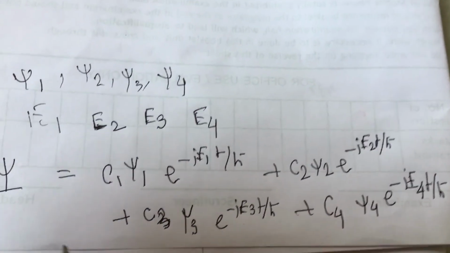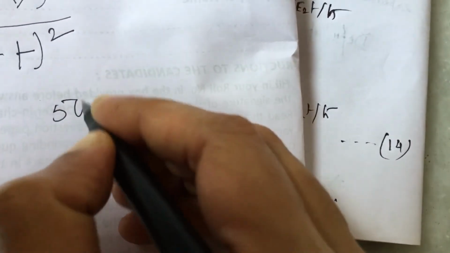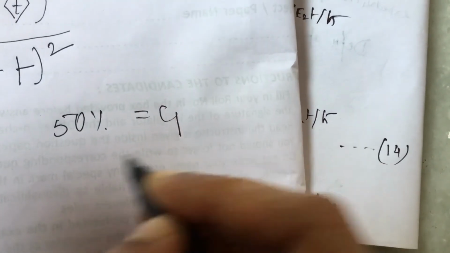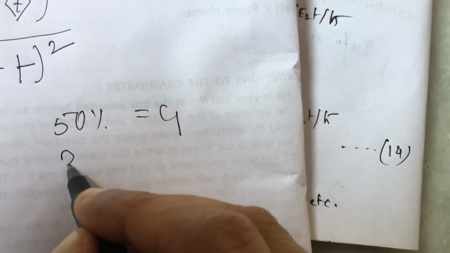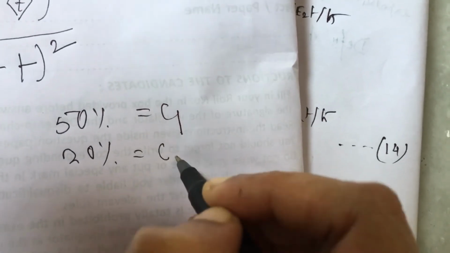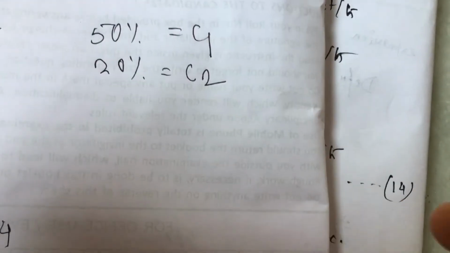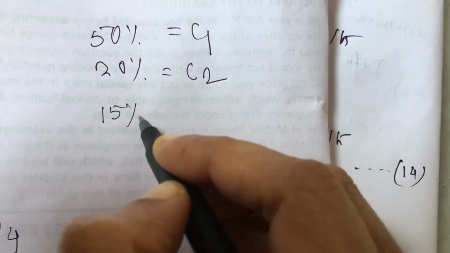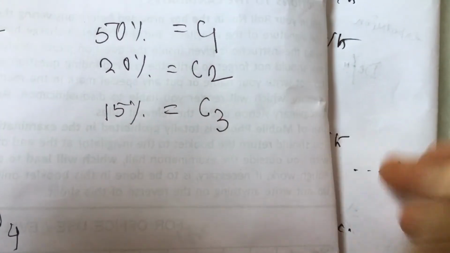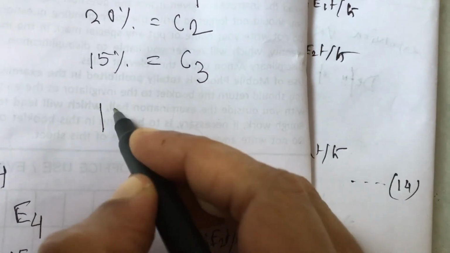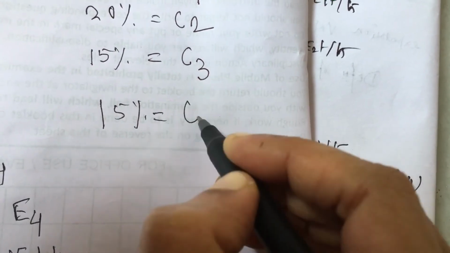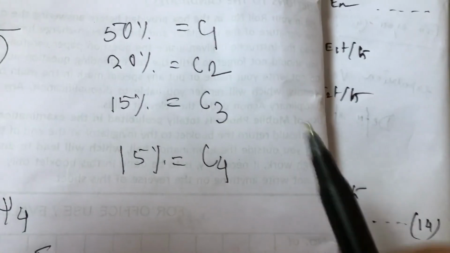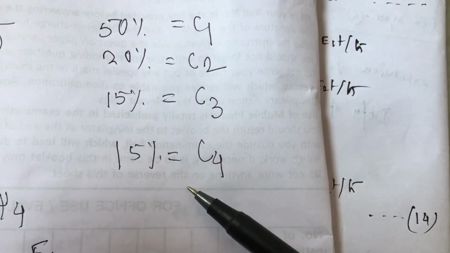Suppose 50% from C1, 20% from C2, and say 15% from C3 and another 15% from C4.